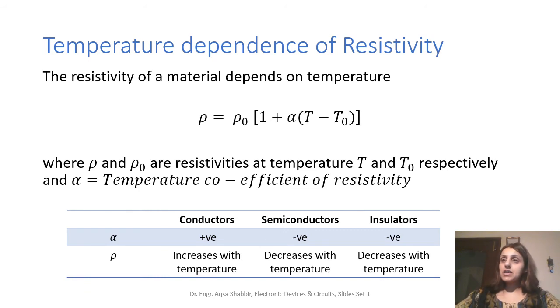Whereas in semiconductors and also in insulators, with an increase in temperature, more valence electrons are able to break free from their atomic structure and they become available for conduction of electric current. So as more electrons, or I will more correctly call them charge carriers, become available with an increase in temperature, that leads to a decrease in resistivity and an increase in electric current.